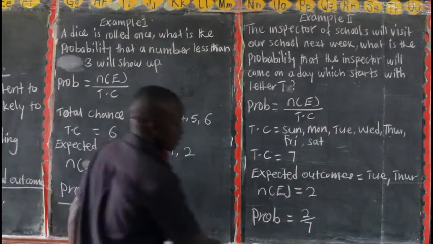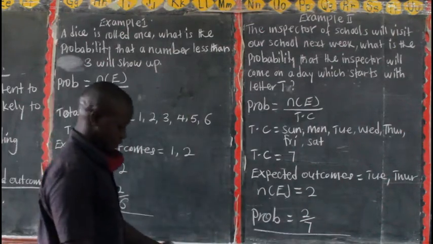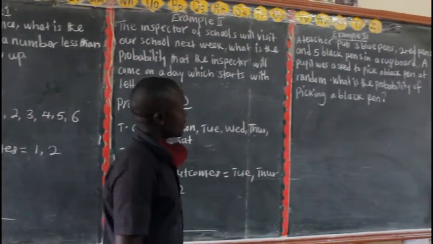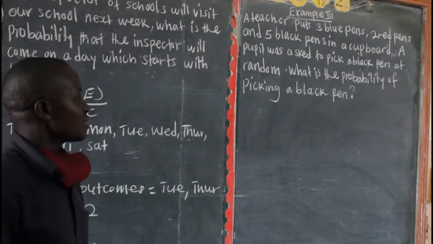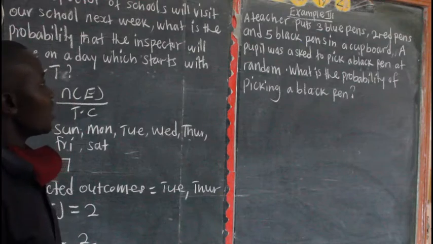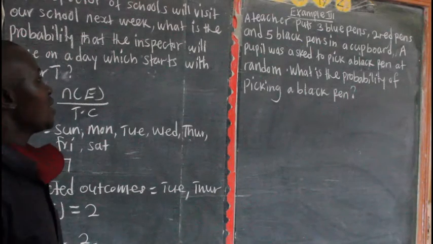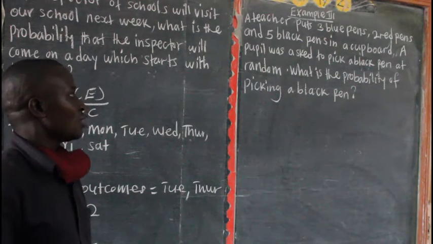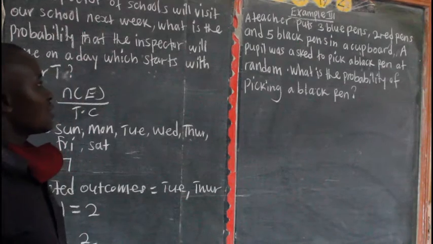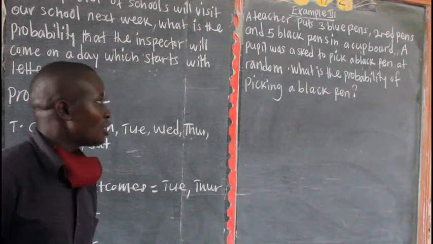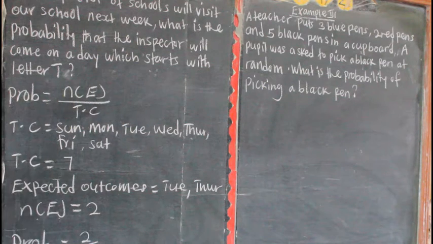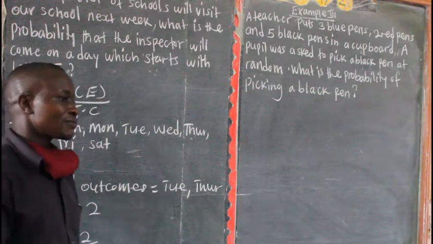Then let's look at example 3. Example 3 says a teacher puts 3 blue pens, 2 red pens, and 5 black pens in a cupboard. A pupil was asked to pick a black pen at random. What is the probability of picking a black pen?